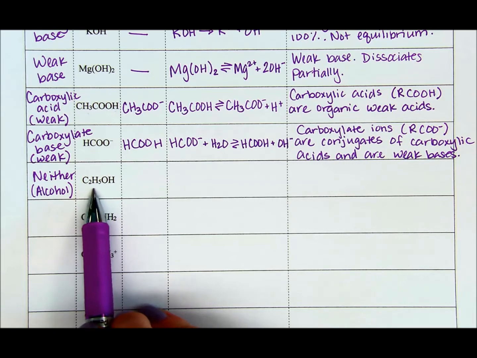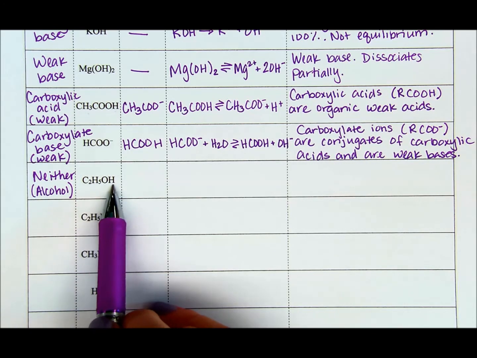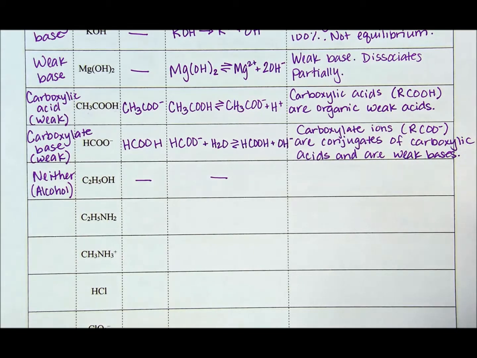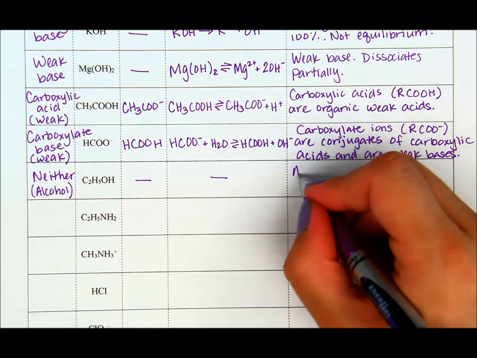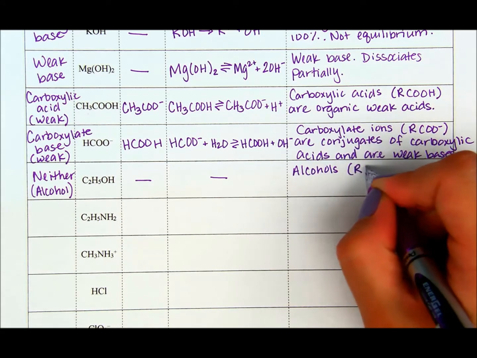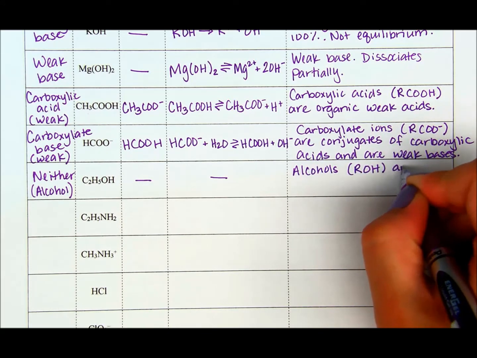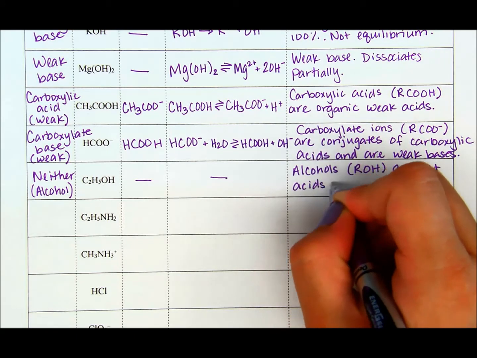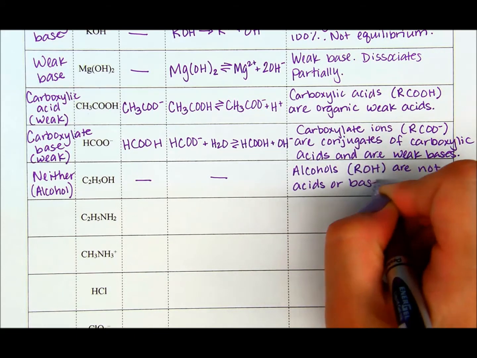The C2H5 is like that organic group, that R group. So ROH is the form for an alcohol. And so those aren't going to be an acid or a base. They're not going to have either of these. So alcohols, ROH, are not acids or bases. They're their own thing.